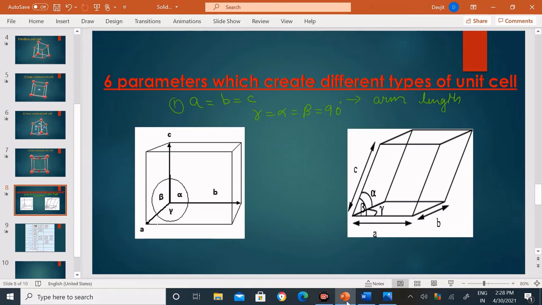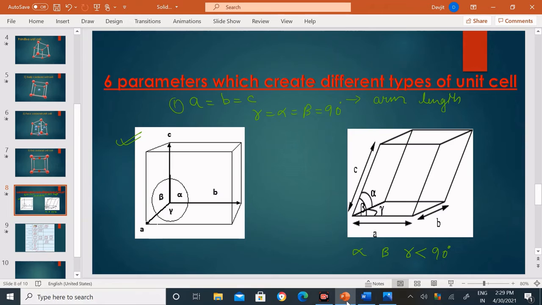If we get these values, then the structure of my unit cell will be like this. Now if I change the angles, like here in this example, alpha, beta and gamma, all angles are what? They all are less than 90 degree.